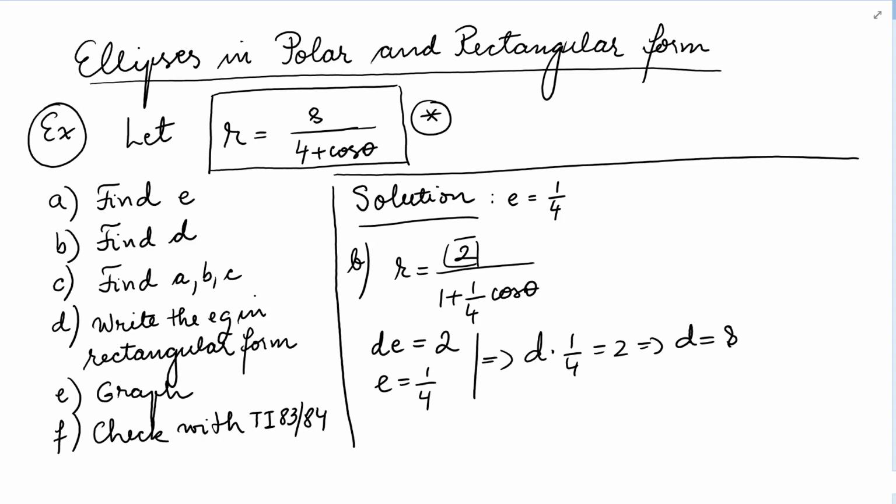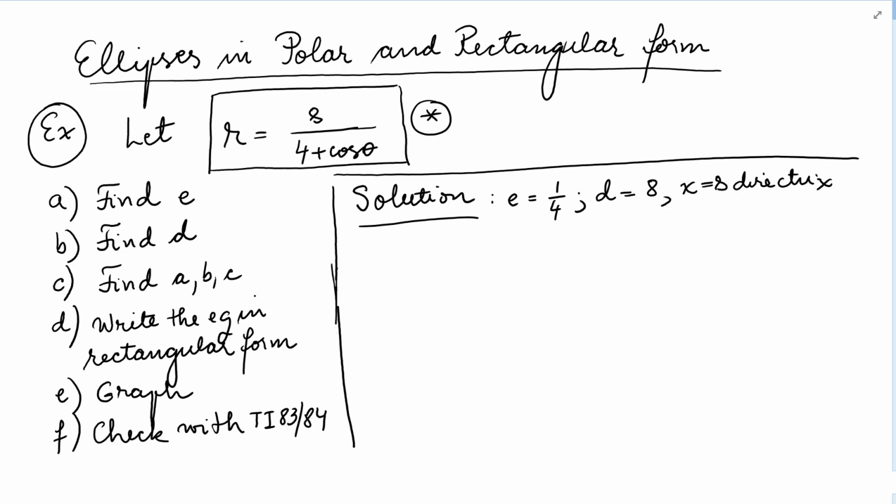Which means the directrix equals x equals 8. So that's a line. Formulas that connect a, b, c, d, e, like c equals ae and d equals a over e, work only if the parabola or ellipse or the conic is centered at the origin.